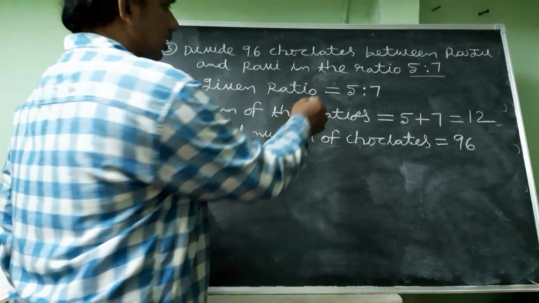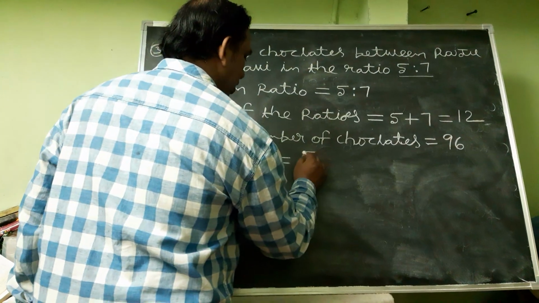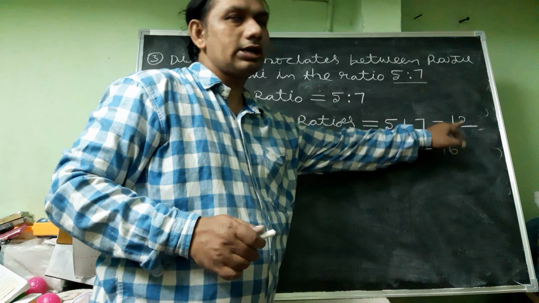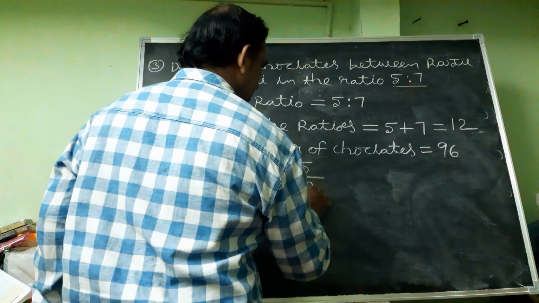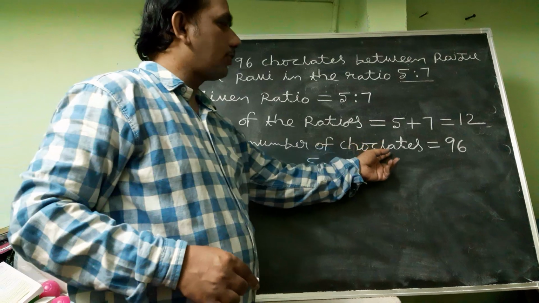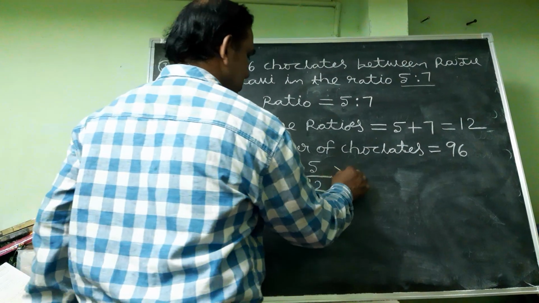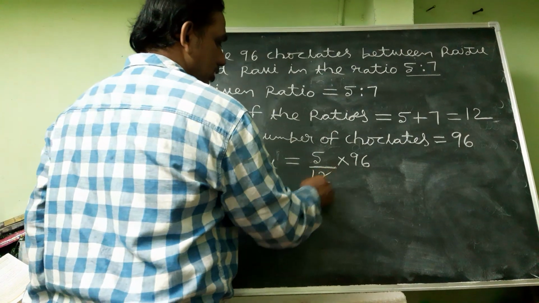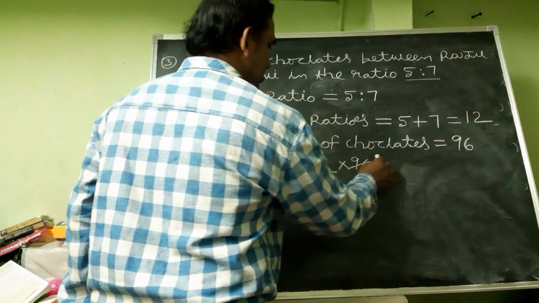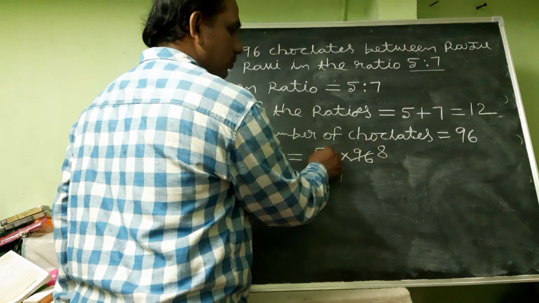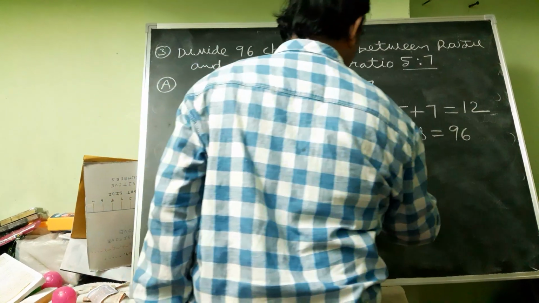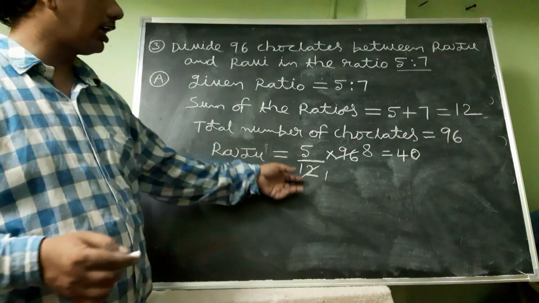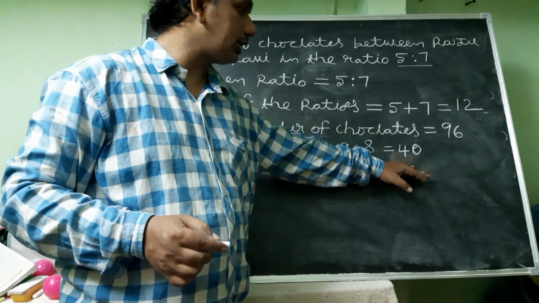Raju's ratio 5 by the total ratio 12. Next, total number of chocolates 96: 5 by 12 into 96. Cancellation, 12 ones are 12, 12 eights are 96. 5 times 8 equals 40. So Raju gets 40 chocolates.